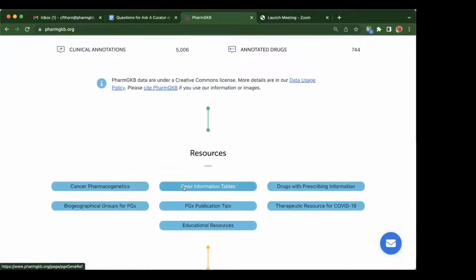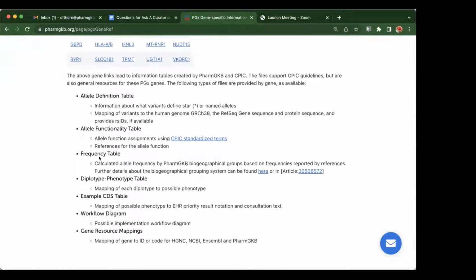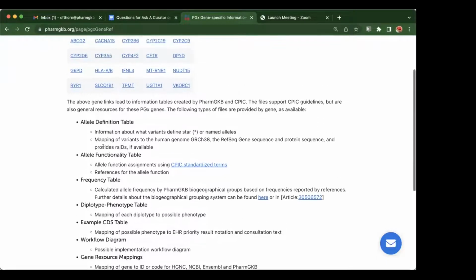So the CPIC ones that are like this, these frequency tables. Oh, okay. So that's all completed by CPIC. Yeah.